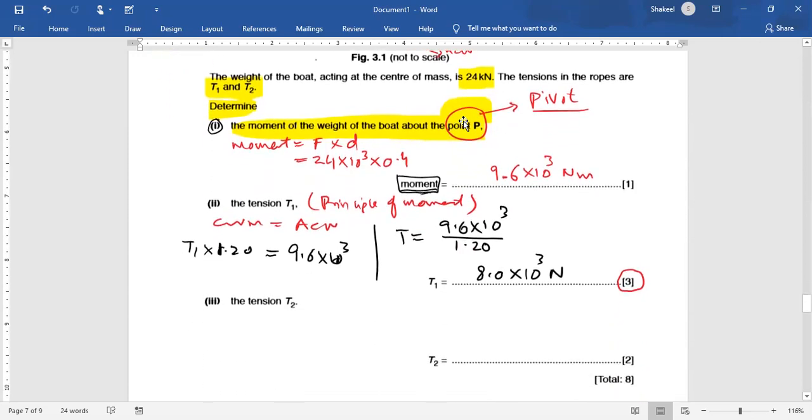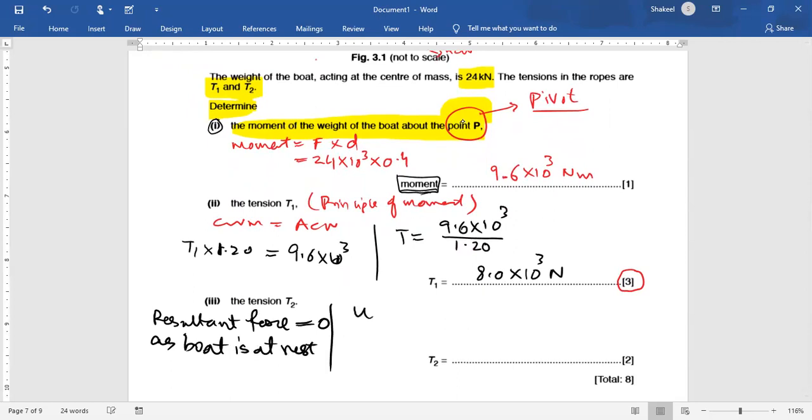For tension T2, we will be using another thing, which is resultant force should be 0. Resultant force should be 0 as the boat is at rest. So it means upward forces should be equal to downward forces.